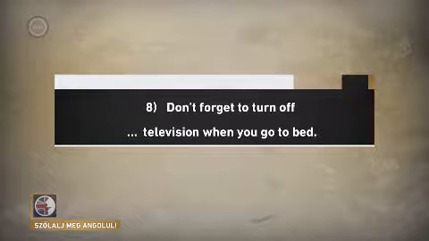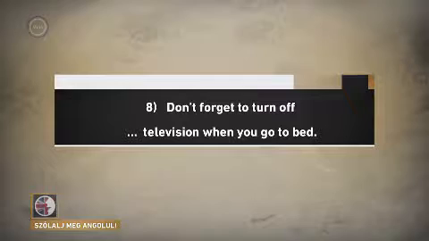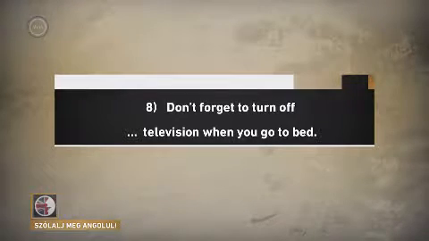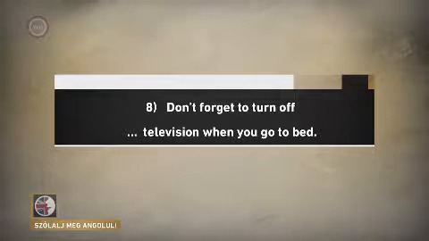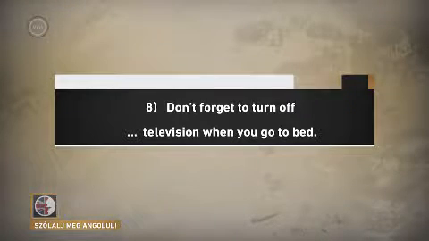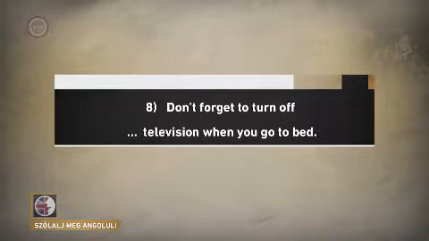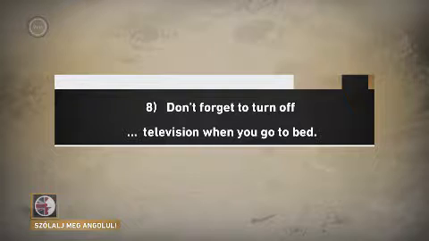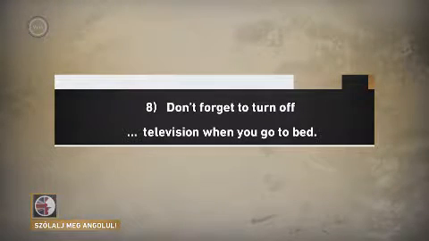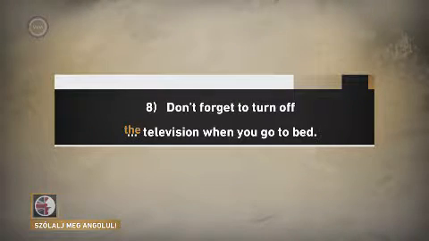No. We're talking about the TV in the flat, the one where we live, the one in the room in our house or flat. We both know which television we're talking about. And because we both know which TV we're talking about, we use which article? That's right, the definite article. We're talking about a specific TV set, one which we both know, the one in our house or flat. So it's the television. Don't forget to turn off the television when you go to bed.